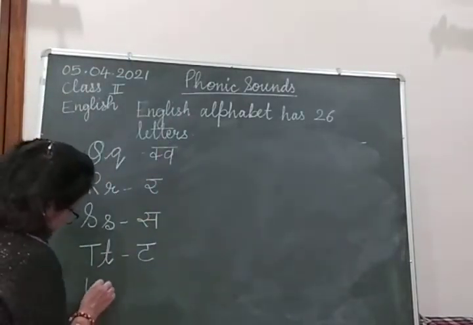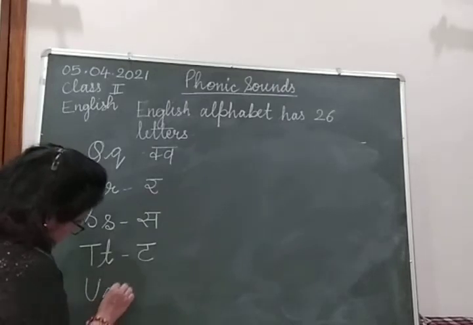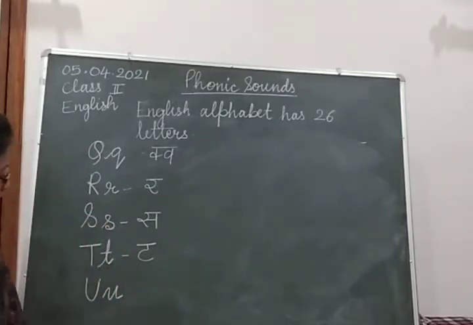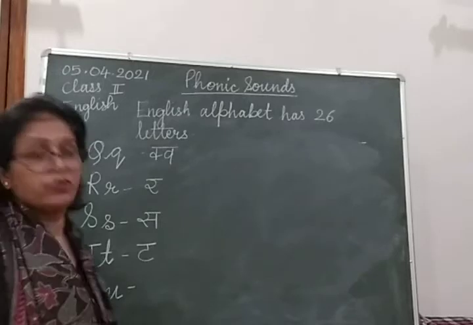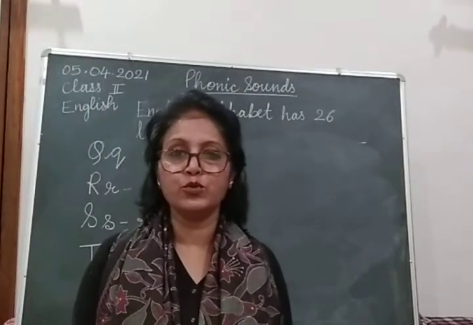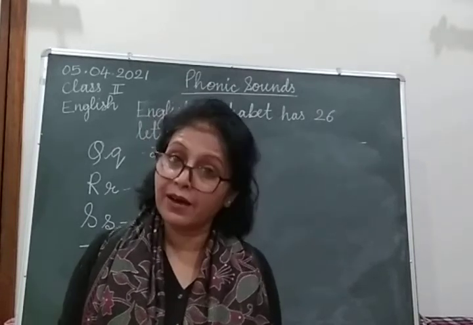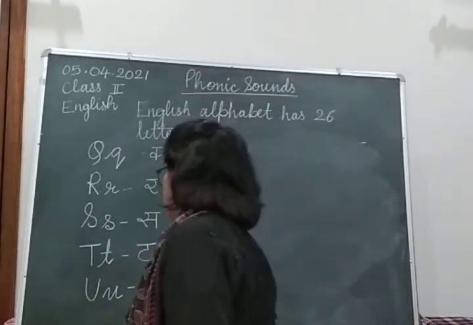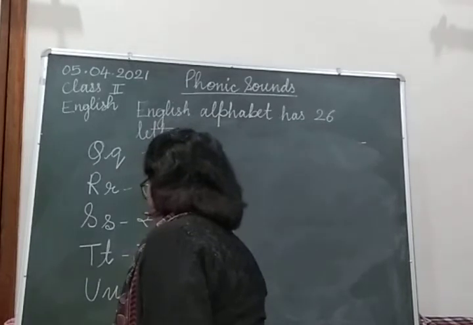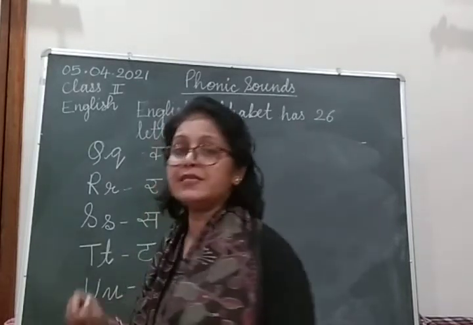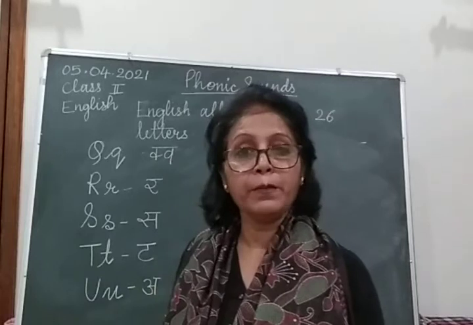Next is U. In cursive, we write it like this. The sound of U is not Y, it is uh. Yes. The sound of letter U is uh, like umbrella.